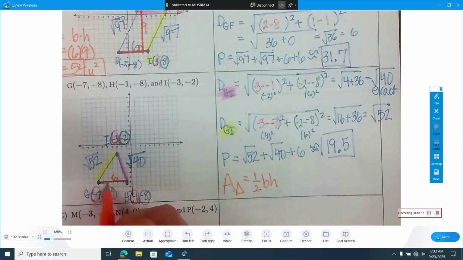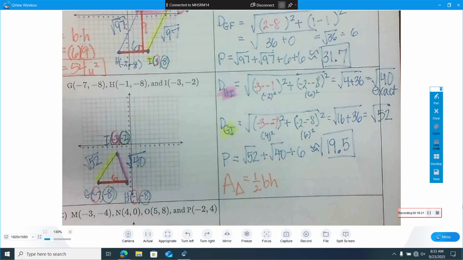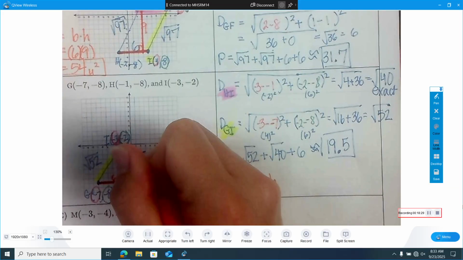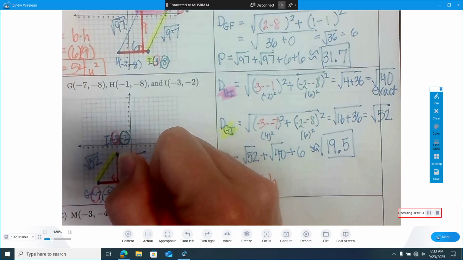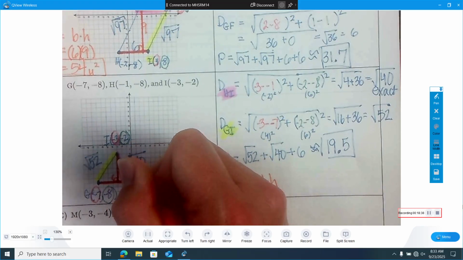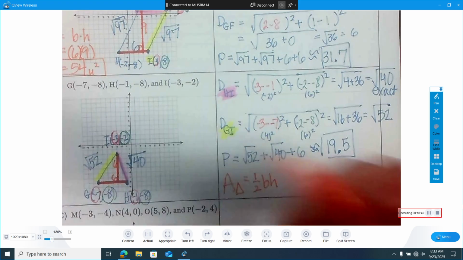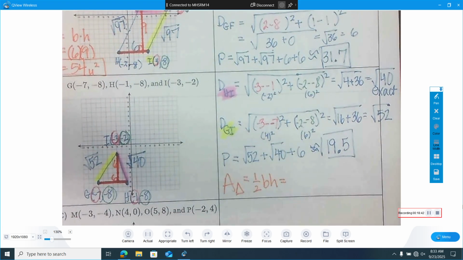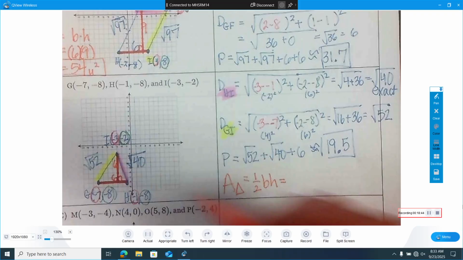So once again here in my triangle, I have this lovely base of 6, and the height, again, has to be perpendicular, has to be straight up and down. And so we're going to go to the highest point here, which is right here to that apex. And how tall is that? 1, 2, 3, 4, 5, 6. It's also 6. And so those are our base and our height there.